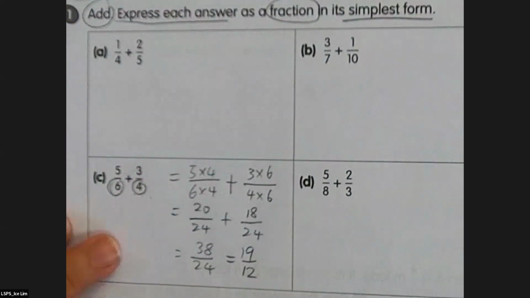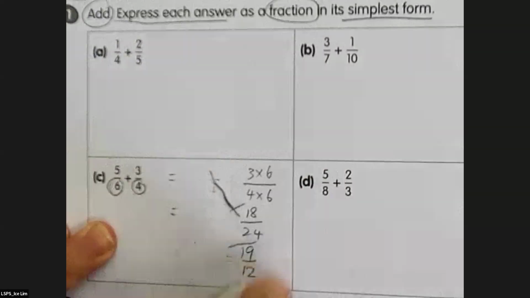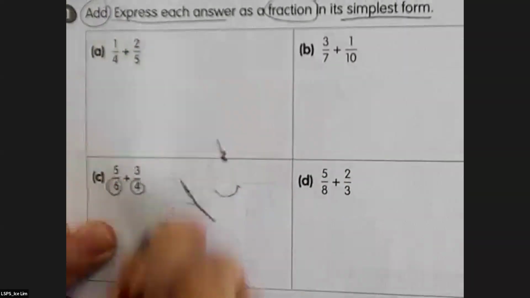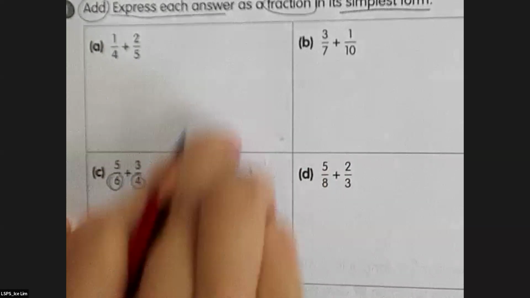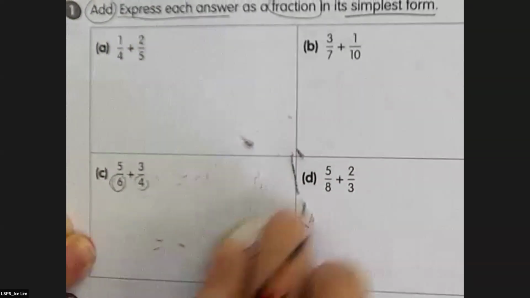So Skylar said, actually, there's no need for this. Why? Because he knows his multiples well, he knows his times table well. So he didn't go all the way to 24. He went to the nearest one.